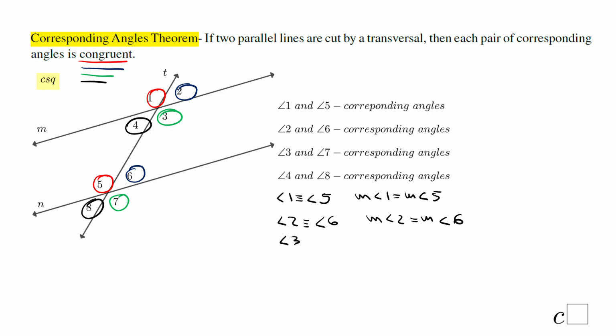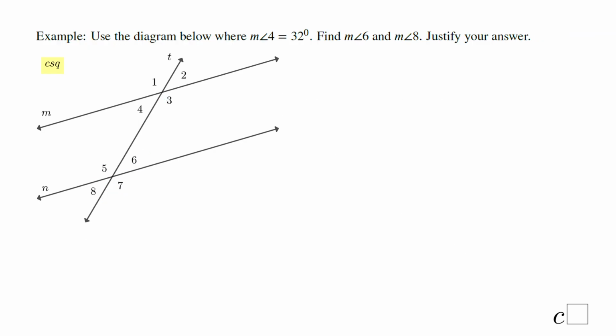Angle 3 congruent with angle 7, or the measure of angle 3 equals the measure of angle 7. And obviously the last one, angle 4 congruent to angle 8, or the measure of angle 4 equals the measure of angle 8. Okay, so now having all this, we can do some problem. Let's take a look at this example.